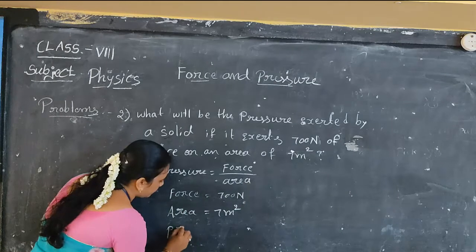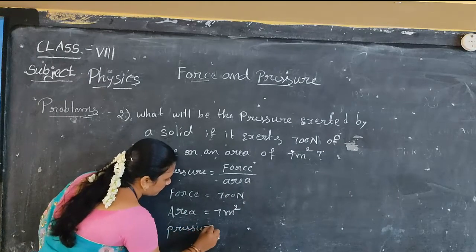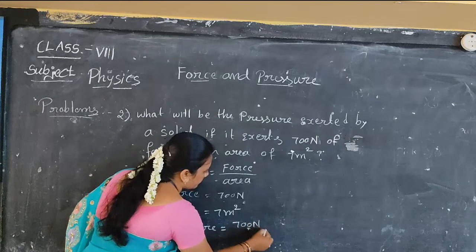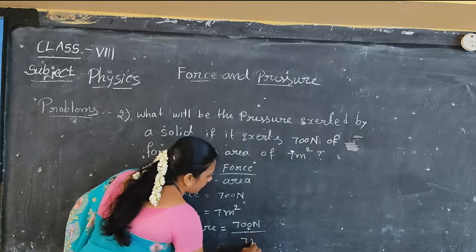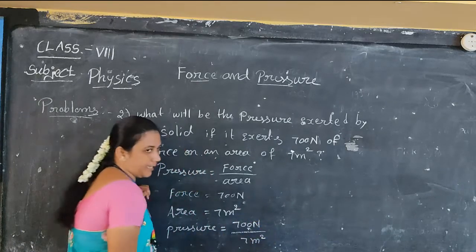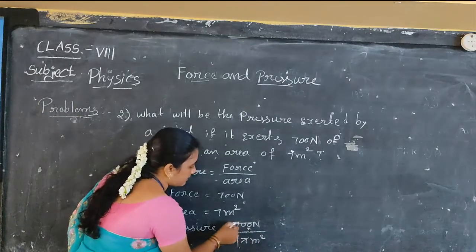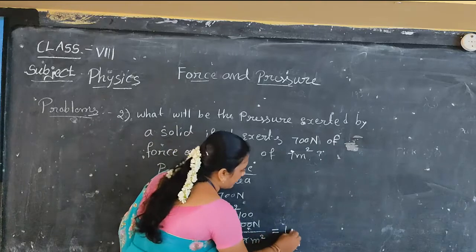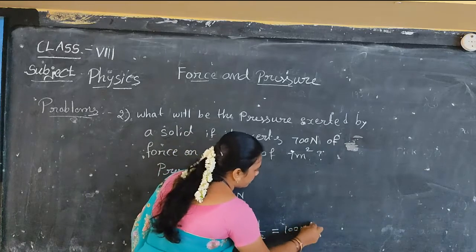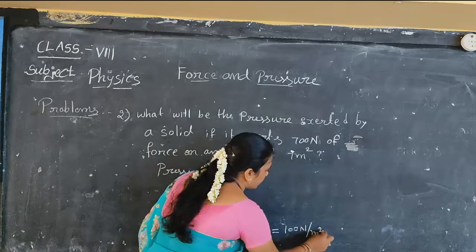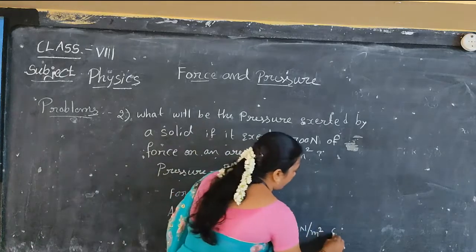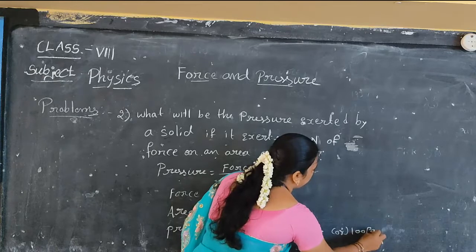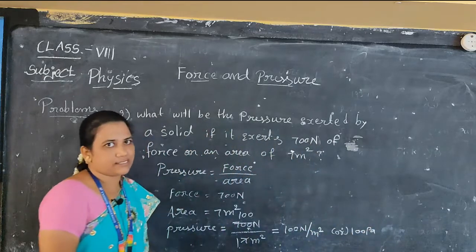Then pressure is equal to 700 newtons by 7 meters square. 7 ones are 7, 7 hundreds are 700. So we will get 100 newtons by meter square, or we can write 100 pascals, Pa.